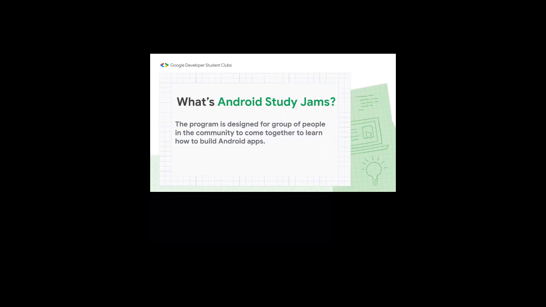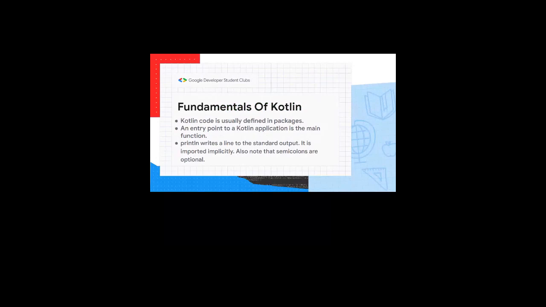And now we move on to what is Kotlin. Kotlin is a statically typed language where it is usually defined in packages.